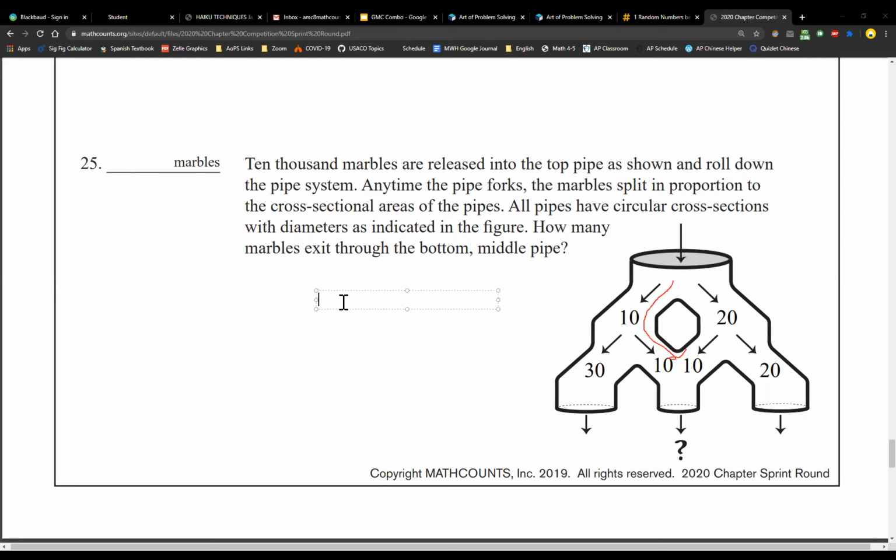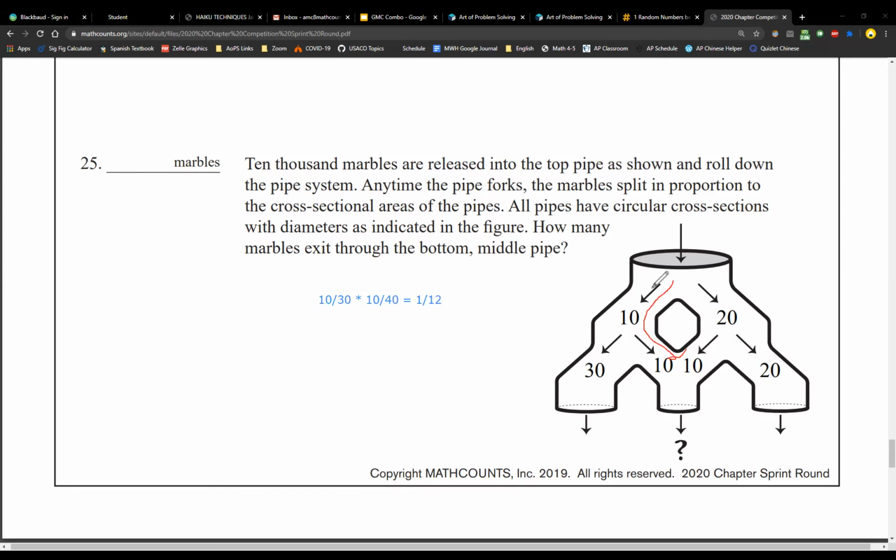So the probability that it takes this path is 10 over 30 times 10 over 40. And this is true because the first one has 1/3 chance of going to the left because there's total 30 and it's like that proportion. And then the probability it goes to the right, the next one, is 10 over 40. This is 1/12.